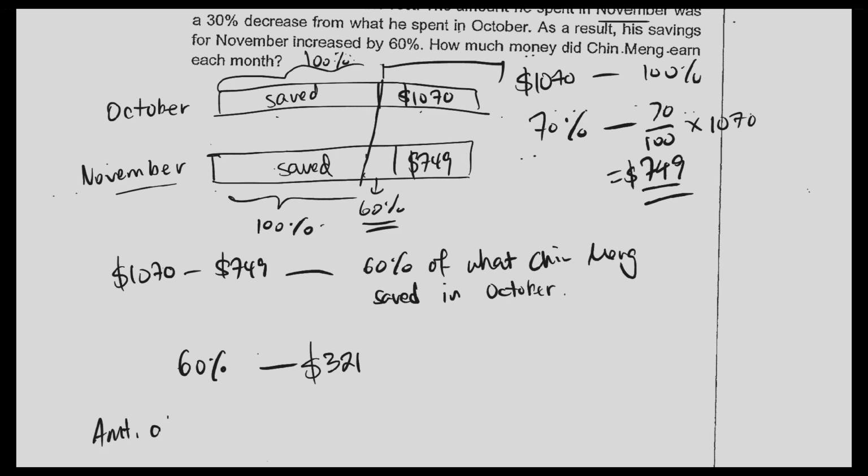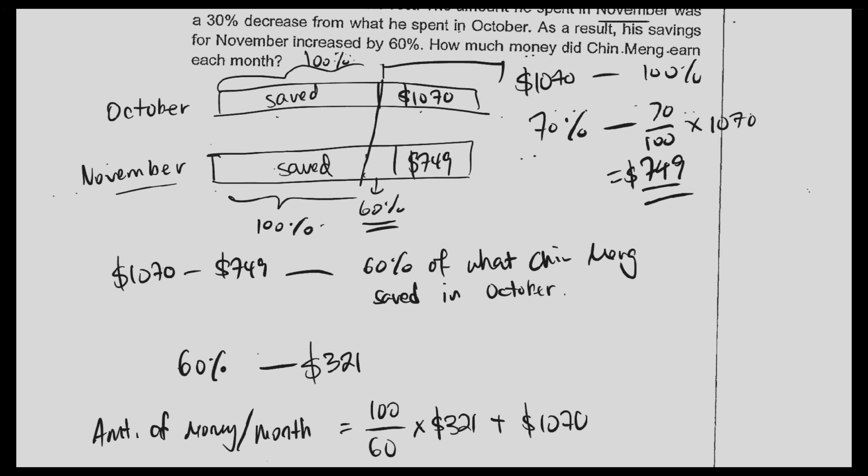So, and then we can already calculate the final answer, right? So amount of money per month, that's just 100%, so it's just 100 over 60 times 321 plus 1070. If you want, you can also use this 160%, so that will be 160 over 100 times 321 plus 749.